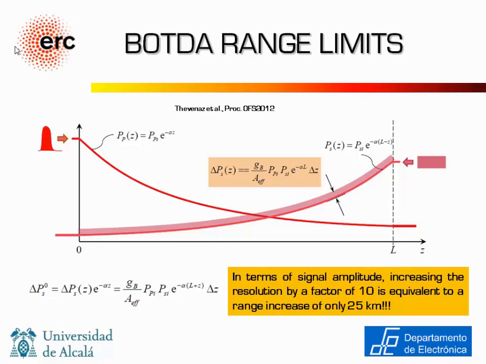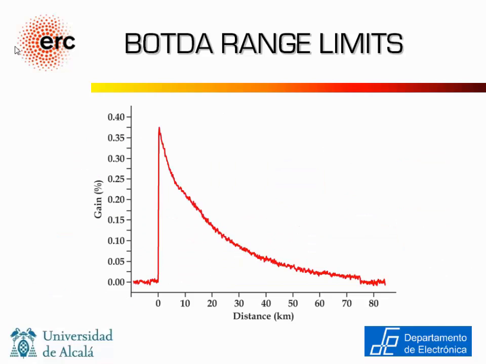It's exactly the same problem in terms of signal amplitude, as you see here. This is the typical exponential decay where you really see at the far end of the fiber, close to the end, that the signal amplitude becomes really comparable to the background noise that you have in detection.